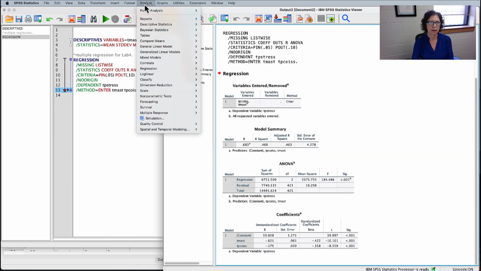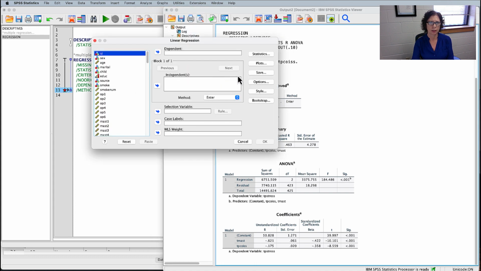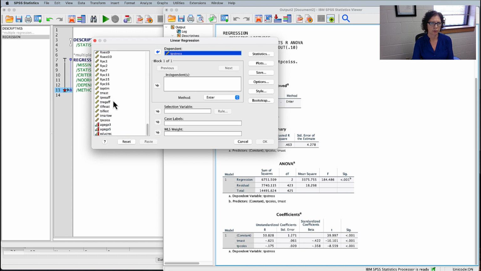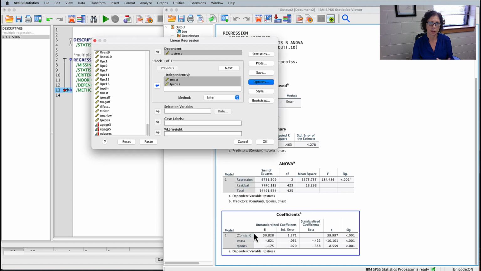So analyze, regression, linear. Again, we want our total perceived stress and our two predictors, total mastery and total perception of control. And the options again being making sure that exclude cases listwise is indicated.